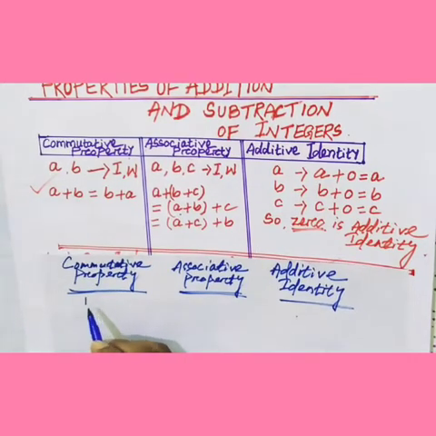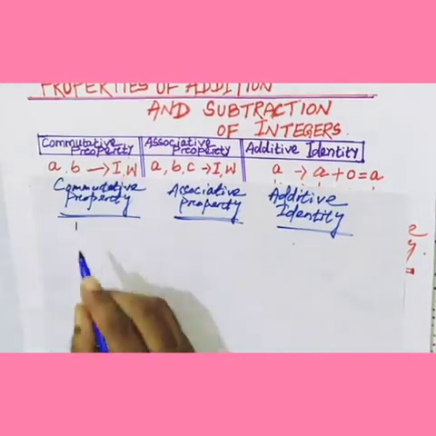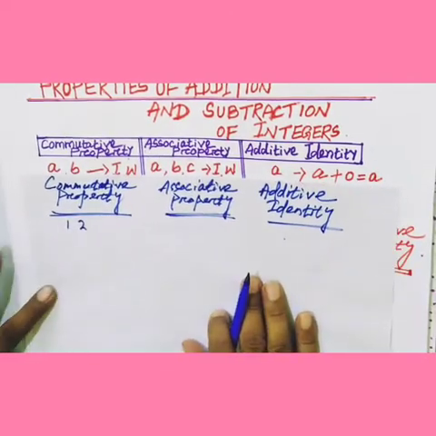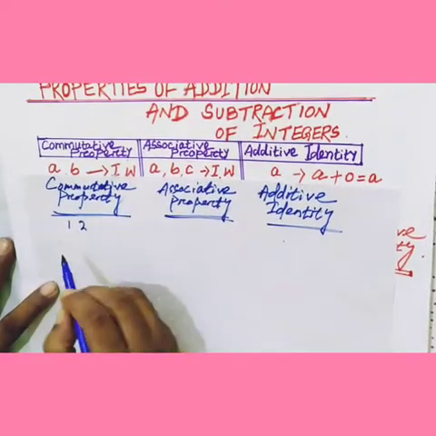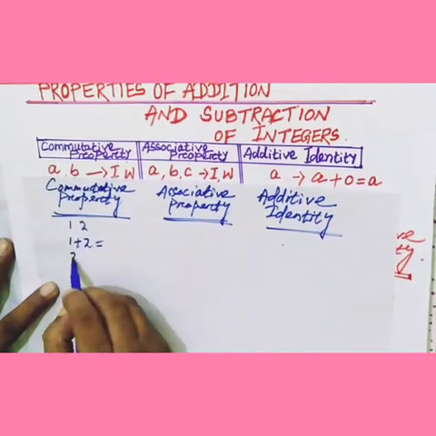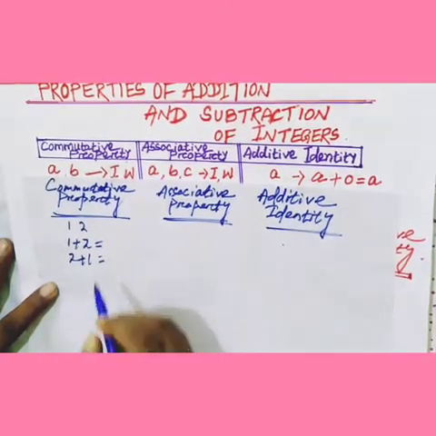1 and 2 are two whole numbers or integers. So 1 plus 2 in this order, and 2 plus 1 in this order.